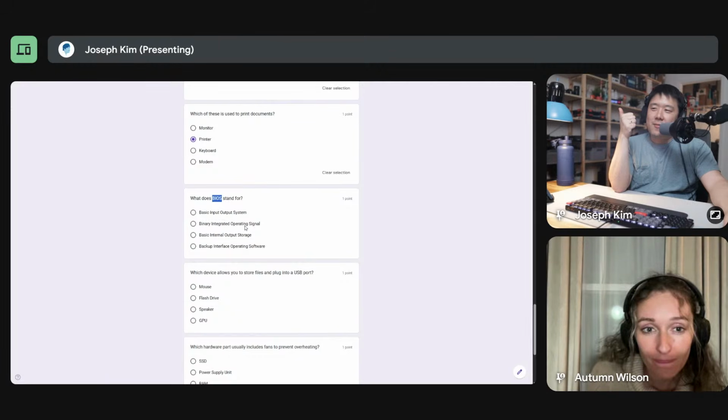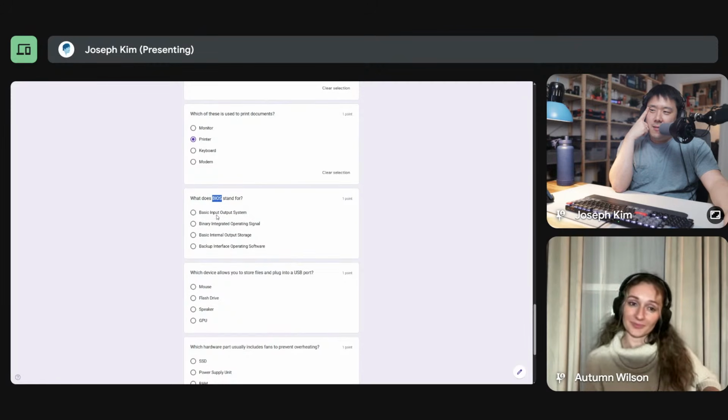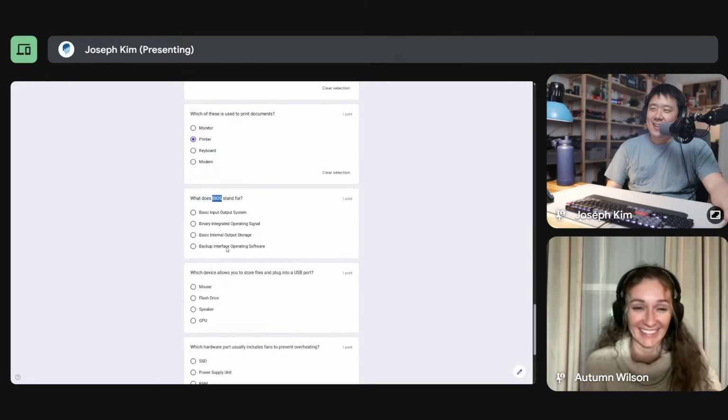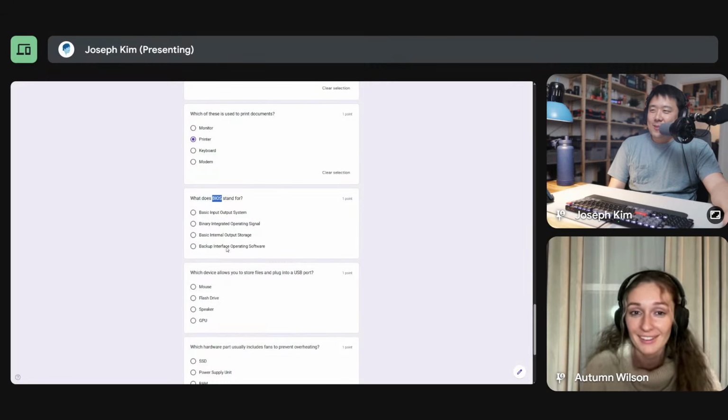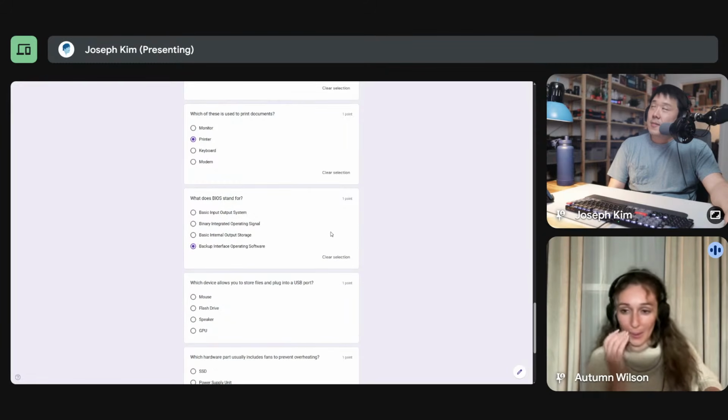That sounds very fancy, but doesn't fit the bill either. Basic input output system. Backup interface operating software. I have actually no idea. None of them sound right to me. I'm gonna get this one wrong maybe. The last one, maybe backup interface operating software.